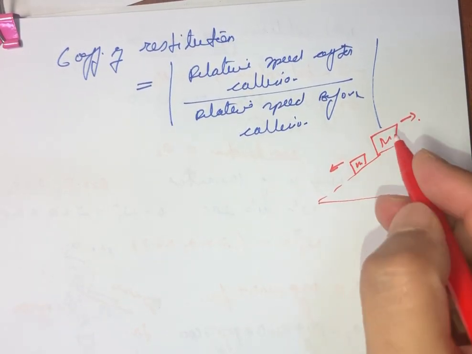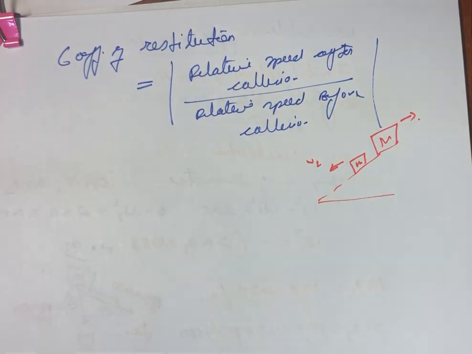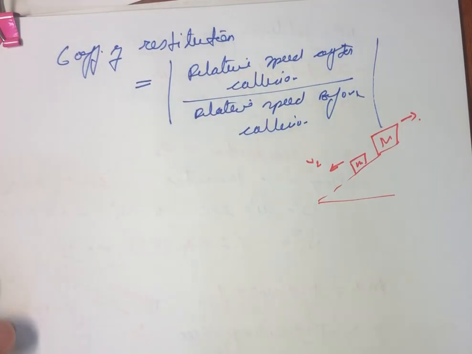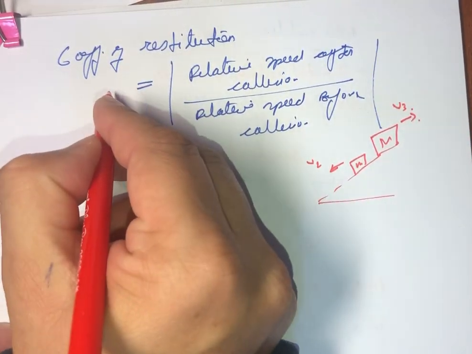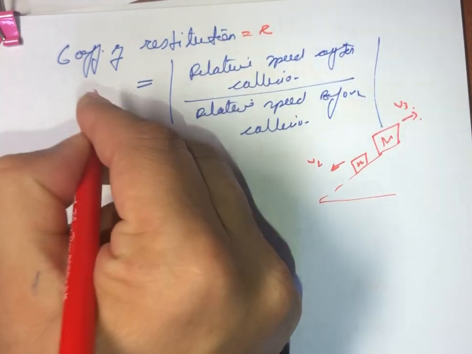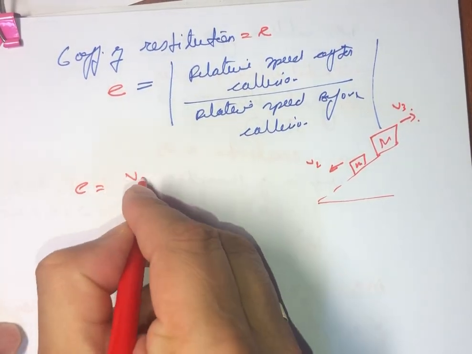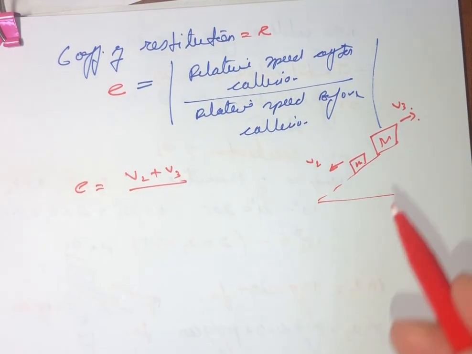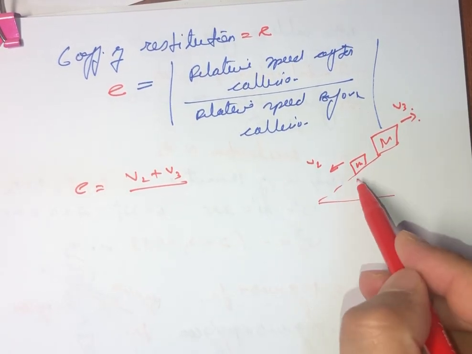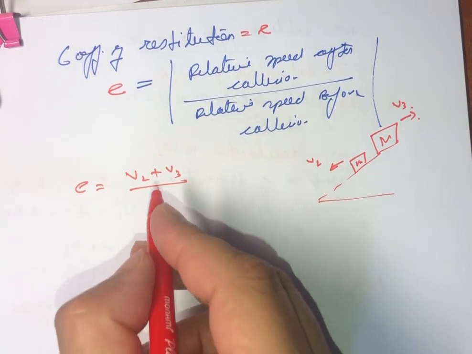Therefore, its velocity is v2 and its velocity we found out is given as v3. Therefore, coefficient of restitution, that is E, we can say our E is equal to v2 plus v3, and before collision capital M was at rest, only small m was moving, and we get this as v1.